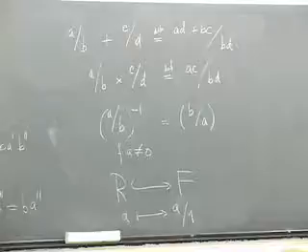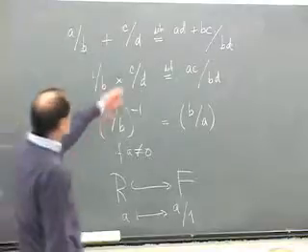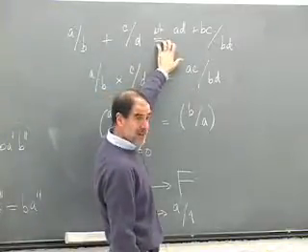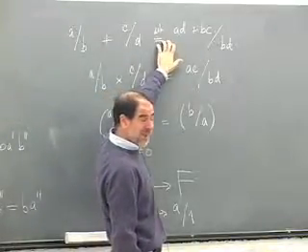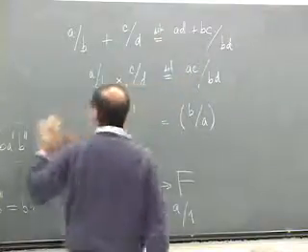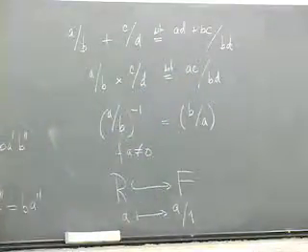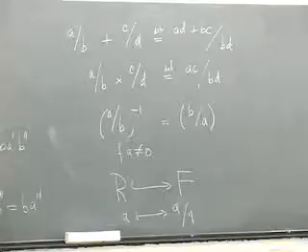Okay, now, this isn't done yet. This is far from being done. This is just the beginning. And the reason is that you have to check that this is well defined. What do I mean it's well defined? Well, the elements of the field are not symbols. They're equivalence classes of symbols.